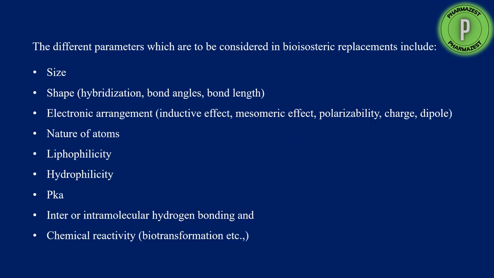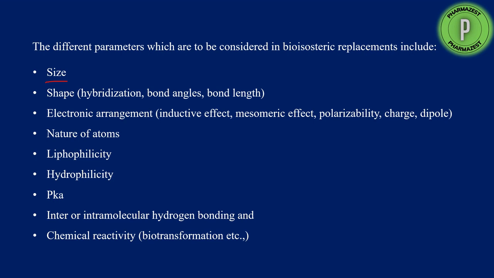The different parameters to be considered in bioisosteric replacements are size and shape. In shape we have hybridization of the molecule, bond angles and bond length, which influence the shape of the molecule. And then we have electronic arrangement.